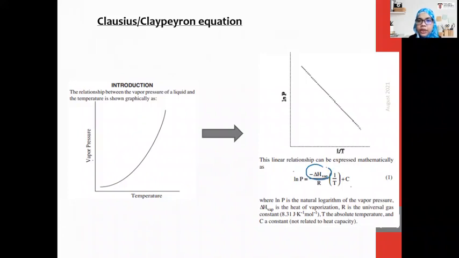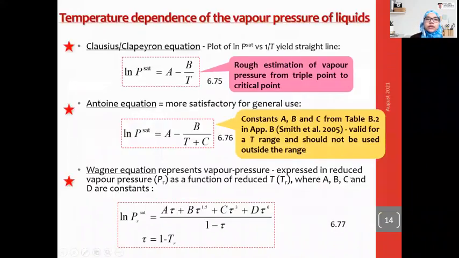So we can determine the delta H of vaporization, where ln P is the natural logarithm of the vapor pressure, delta H vaporization is the heat of vaporization, and R is the universal gas constant, 8.31 joules per kelvin per mole. T here is the absolute temperature, and C is a constant, which is not related to the heat capacity.